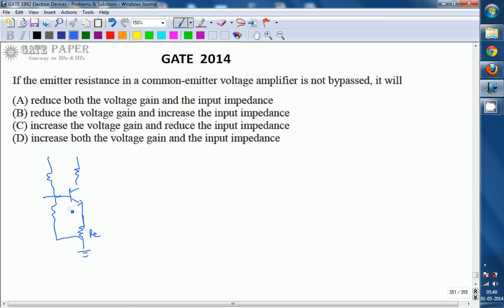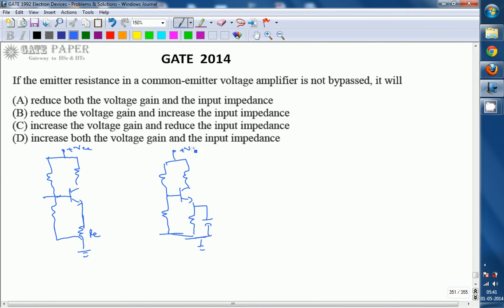This is the circuit diagram for this question, where Re is going to be present. Compare this circuit with this one. If Re is bypassed, everything is going to be the same except for this one.